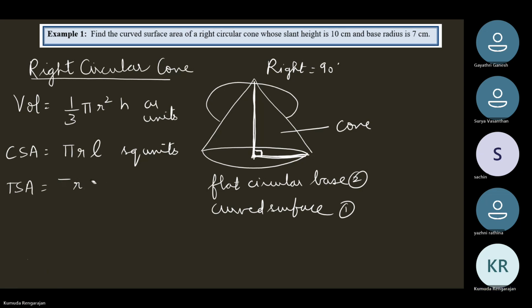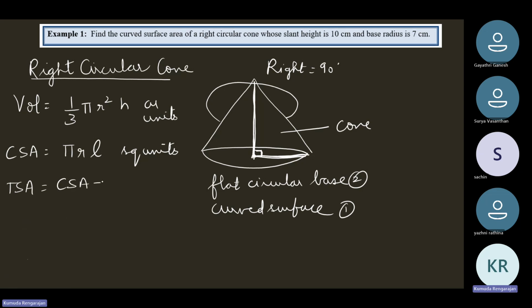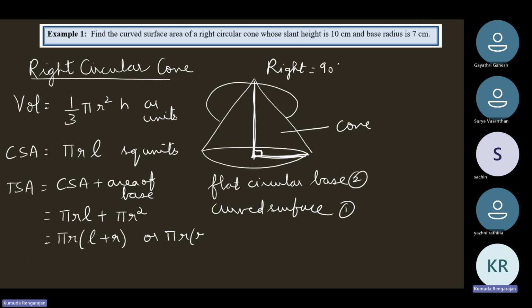Because total surface area is the curved surface area plus the area of the base. So curved surface area is pi r l plus the area of the base, pi r squared. Pi r is common, so pi r into r plus l square units.